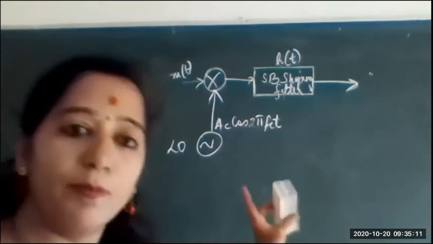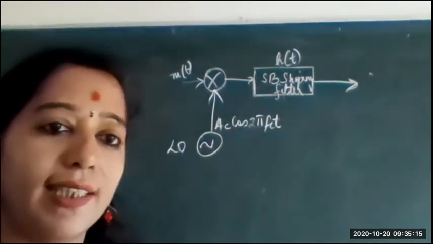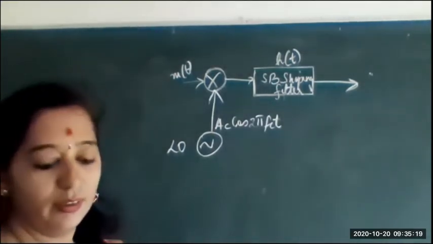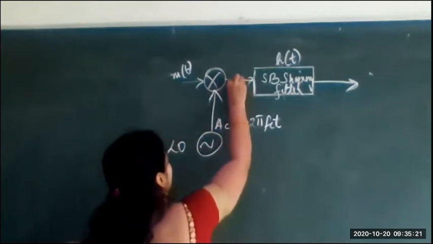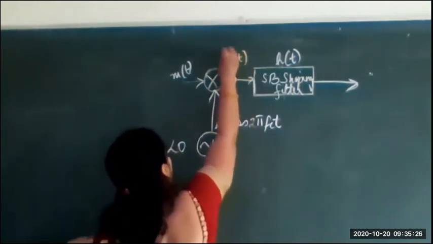It's the same diagram that we had discussed. So h of t is its impulse response. What is the signal I have here? I'll call this S1 of t.